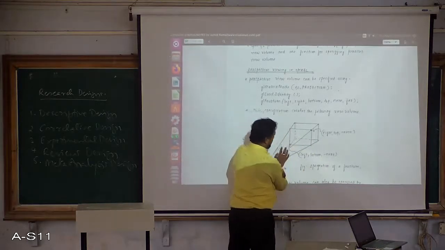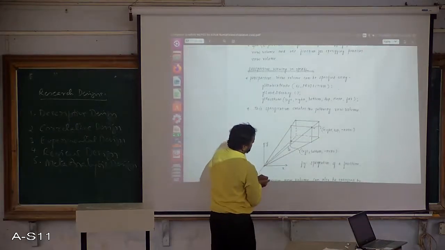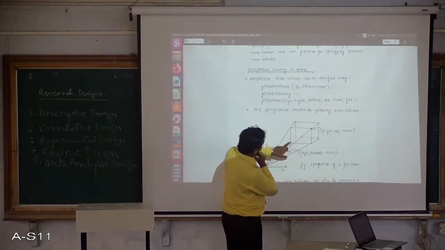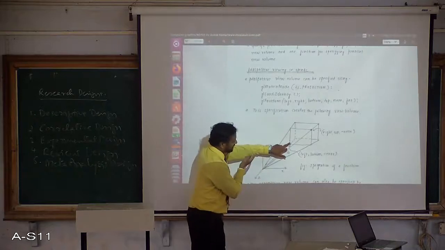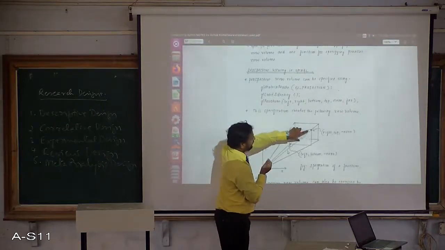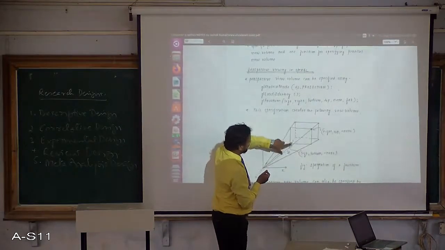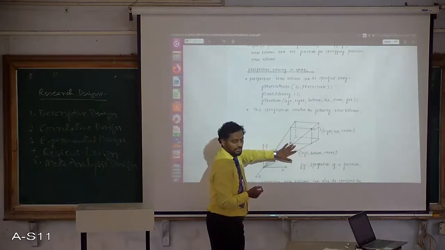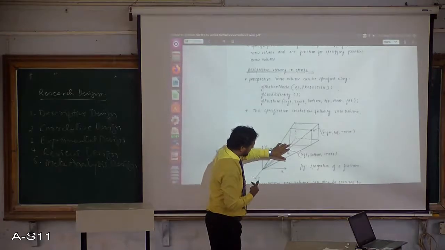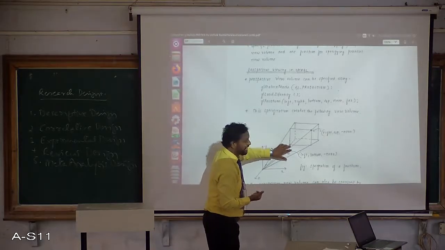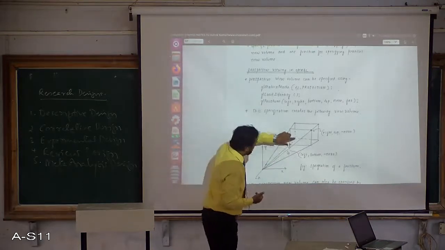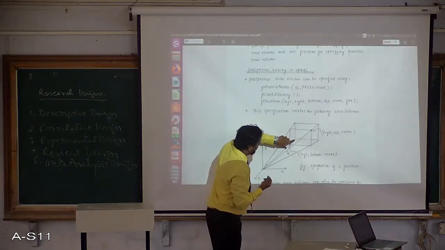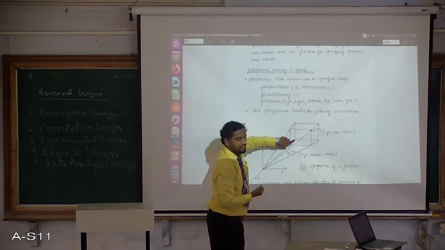Now this point is at left and bottom. All these points are at the top, but these four points are at the bottom side. So this is left, bottom, and near. This point is left, bottom, and far.